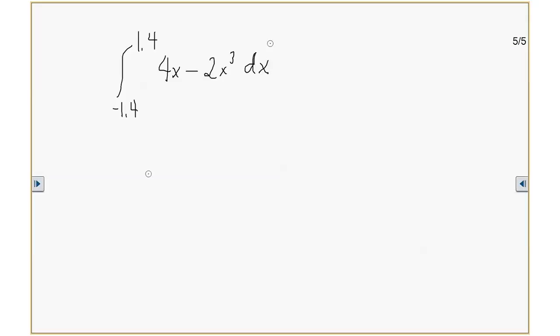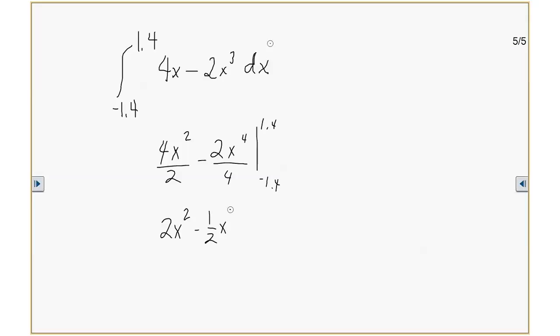So, of course, this comes out to be the same. 4x squared over 2 minus 2x to the 4th over 4, evaluated at negative 1.4 and 1.4. And that's going to give us 2x squared minus 1/2 x to the 4th, evaluated at negative 1.4 and positive 1.4.